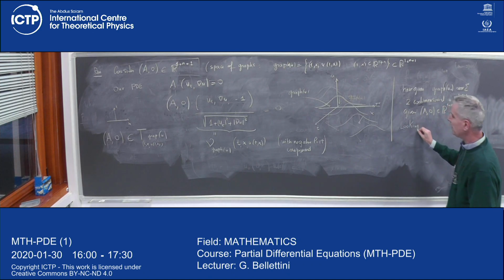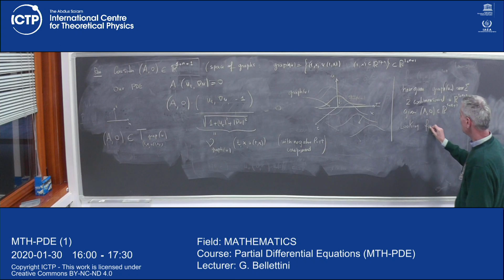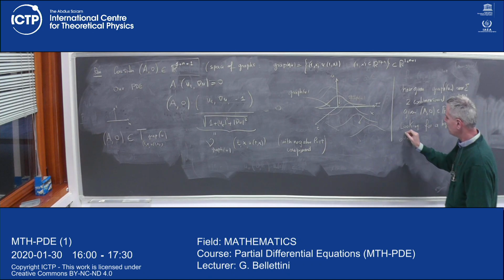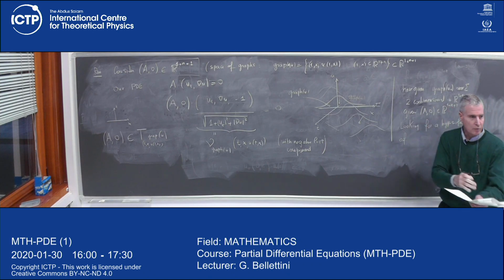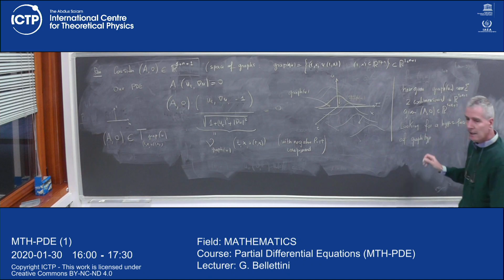So geometrically speaking, our PDE expresses a problem in geometry: looking for a hypersurface of graph type, not any hypersurface, meaning graph of something, and this something must be C1.